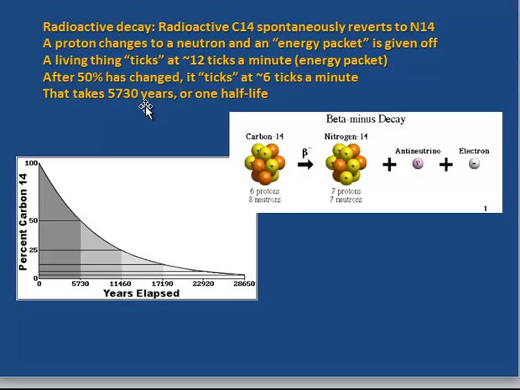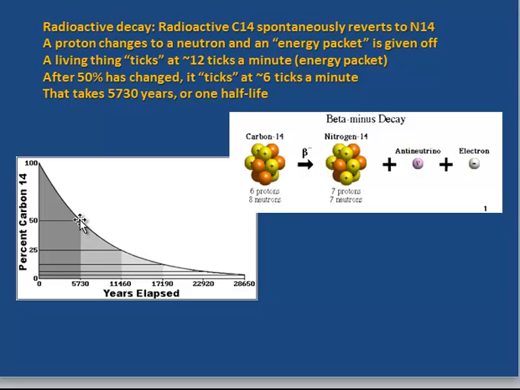We know that process takes 5,730 years. That's called a half-life. So from the time an organism dies to when half of it has changed from carbon-14 to nitrogen-14, 5,730 years have passed.